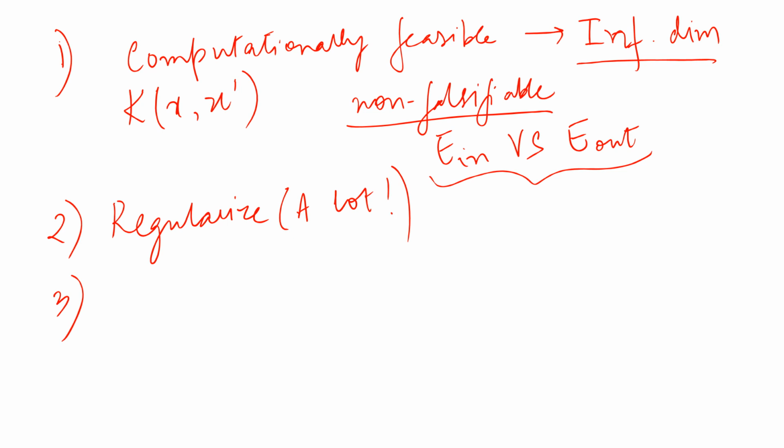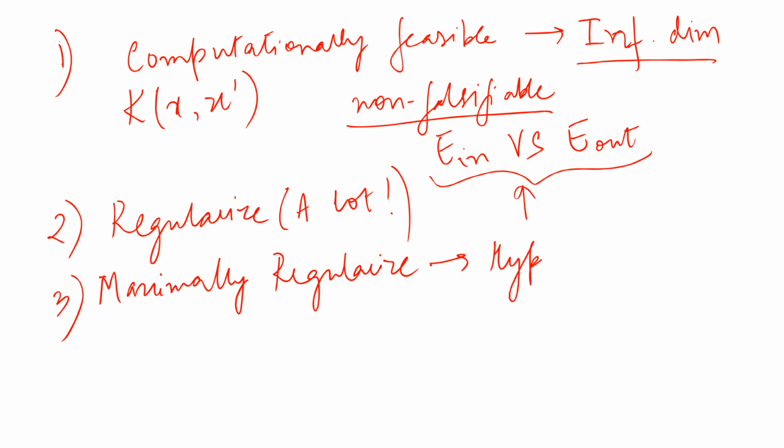Effectively we will still use fewer degrees of freedom because we will constrain our model, because the moment we constrain our model, we will bring in the relevance of the relationship between E in versus E out, and that is possible only through regularization. So we will maximally regularize to get the optimal hyperplane. That is extremely important.